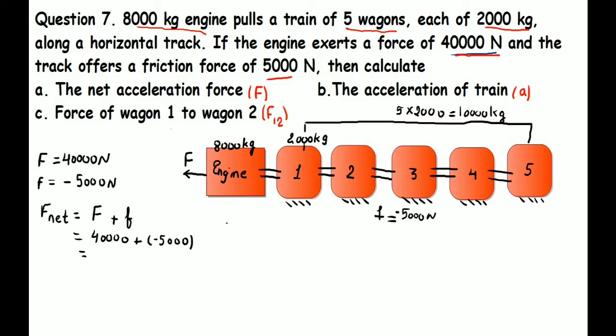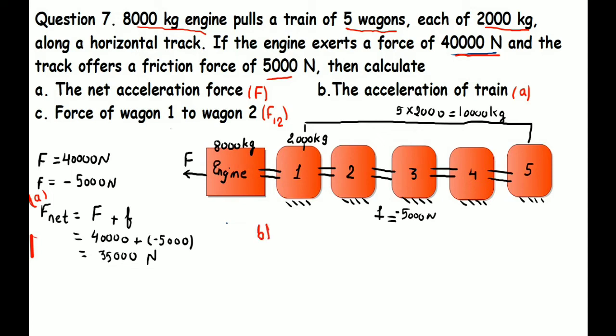So the resulting force is 35,000 Newton. Student, this is the resulting force by which the train is moving forward. The first part of this question is solved.